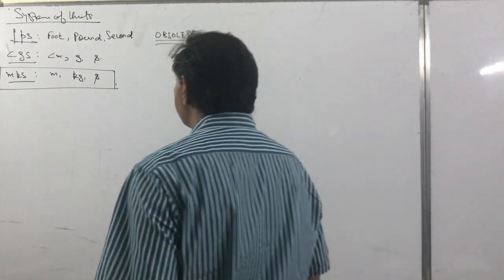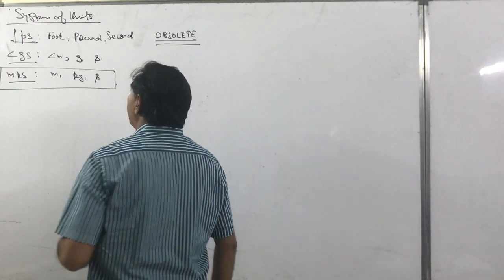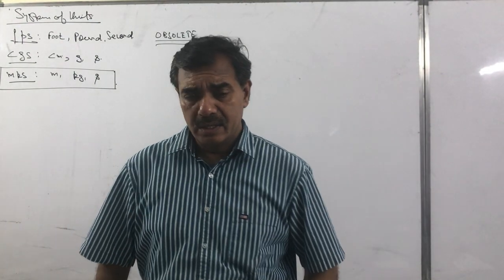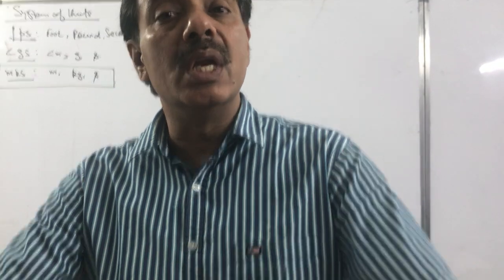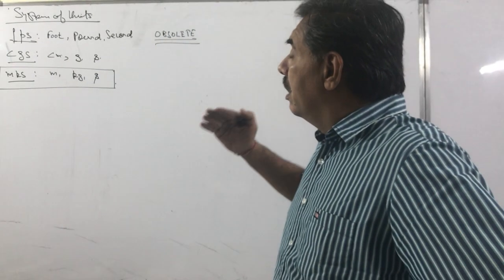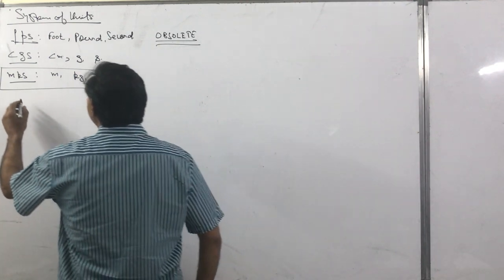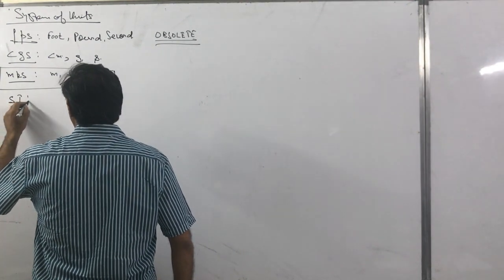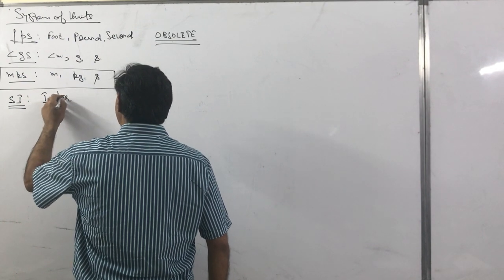I will also teach you. We extended. Now, MKS would contain quantities in mechanics only. There is another system which is called SI. This is the international system of units.